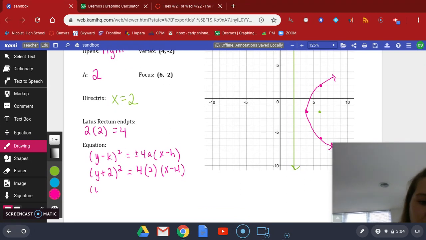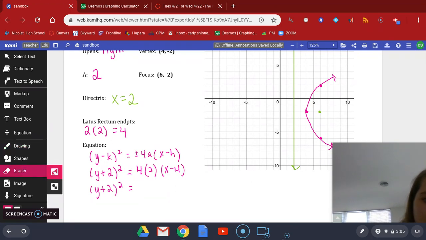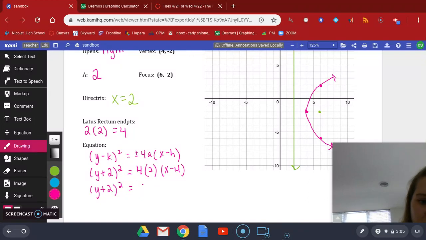So cleaning this up a little bit, I get (y + 2) squared equals 4 times 2 is 8 for that coefficient out front, and then (x - 4) would be the equation of my parabola opening to the right there. And we could plop that into Desmos and check our work here.